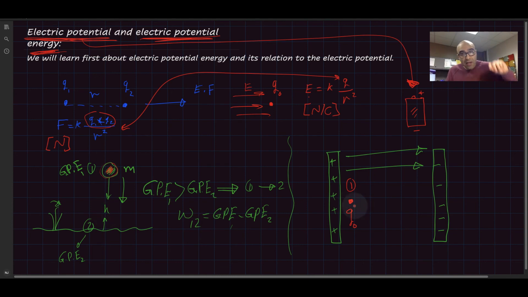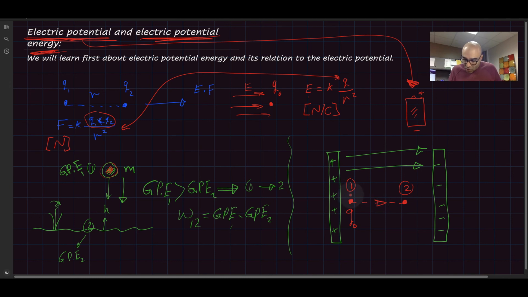The same thing applies to a charge. This is a positive test charge. Once you release it inside a uniform electric field, it's going to move from position 1 all the way down to the other side. But let's look at it at another position, I'm going to call it 2. So basically, the charge will move in this direction.